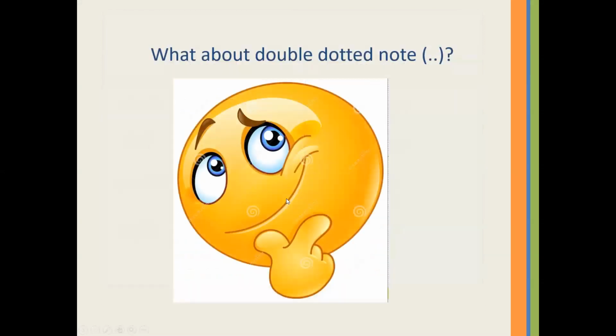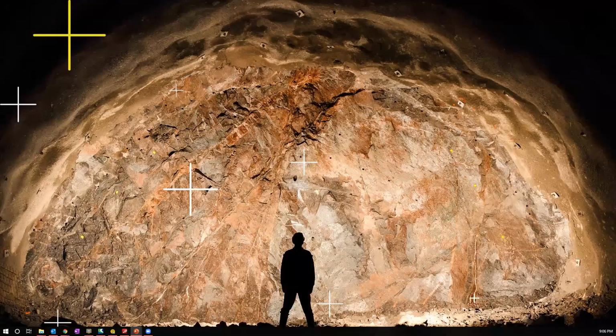Before we give away the class work, let us do a quick exercise. I am going to stop sharing. We'll quickly do this exercise.